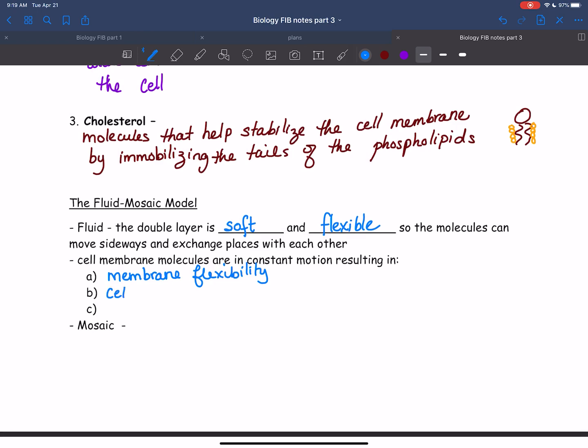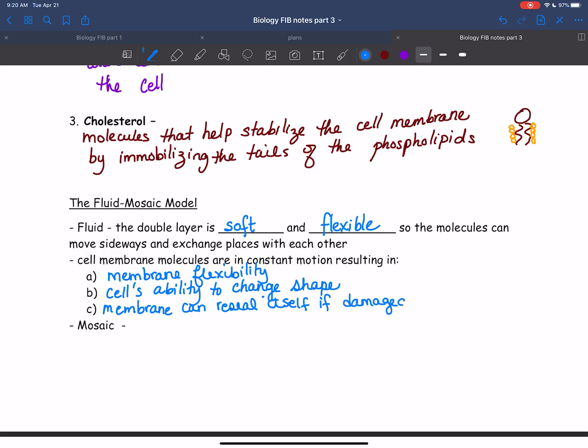We want the cell to be able to change shape, and we also want the cell to have the ability to reseal itself if damaged or punctured. So it's good that we have that.